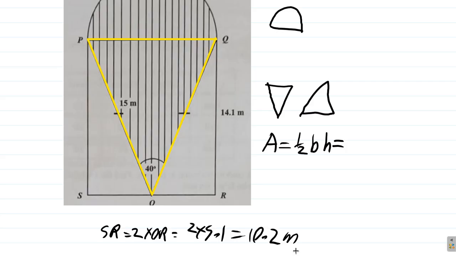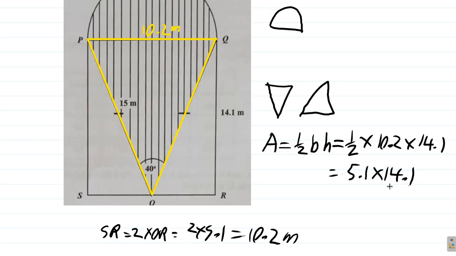Right? That is 10.2 meters. So this part here is 10.2 meters. And the height is 14.1. So what we have is half times the base of 10.2 times the height of 14.1. Half of 10.2 brings us back to 5.1. 5.1 by 14.1 will give us the area of the triangle.